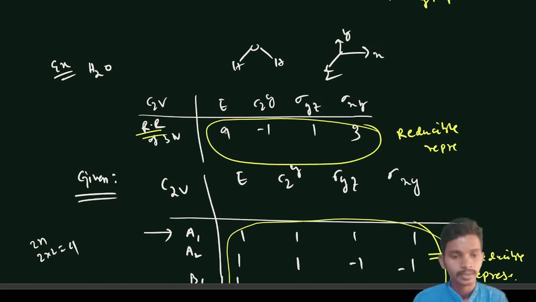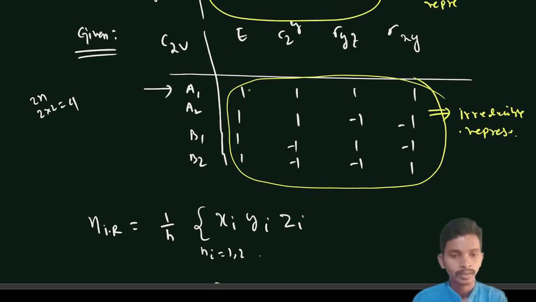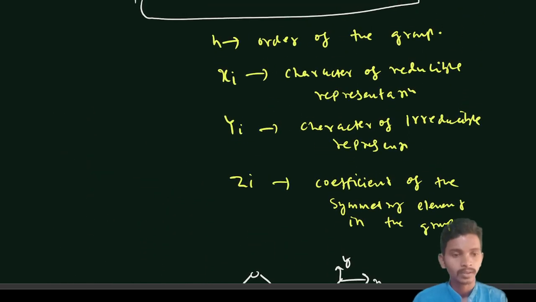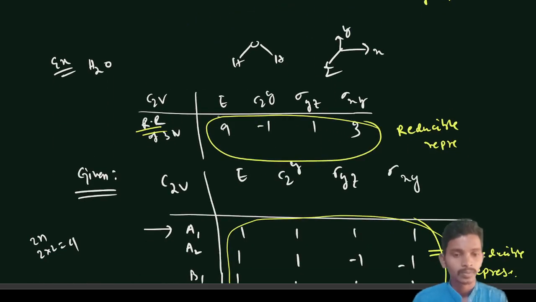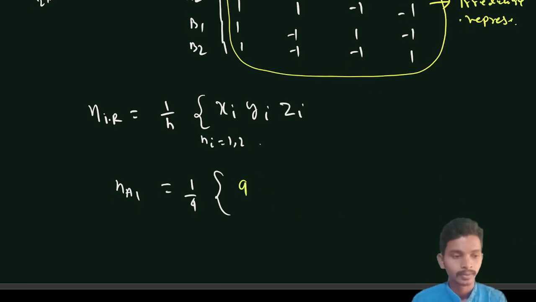So first is xi, the reducible representation. For E, that is 9. First E is there, right? So I have to look for the character of the reducible representation, which is 9, so I will put 9.